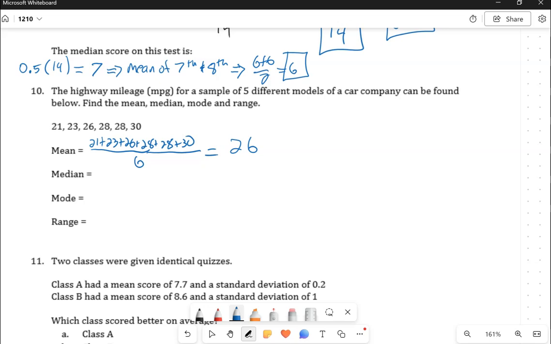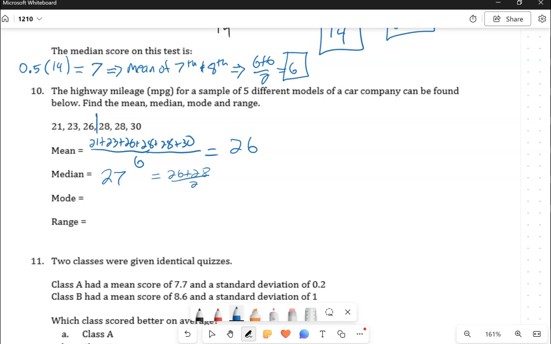The median. There's a gap right in the middle. Halfway between 26 and 28. You could just see it's 27, but you could also do the mean of those two and calculate it.